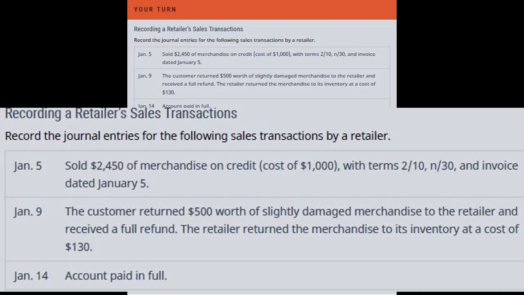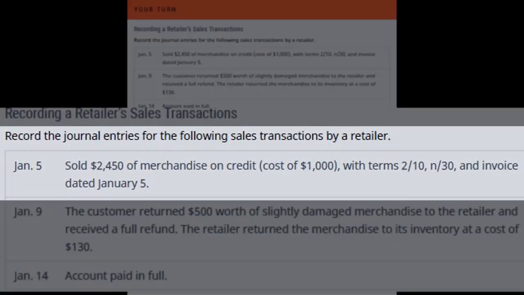So what's happening here is, on January 5th, you bought a piece of equipment for resale. You originally paid the manufacturer $1,000 for it, but you sold it to a customer for $2,450. That's a pretty good markup.